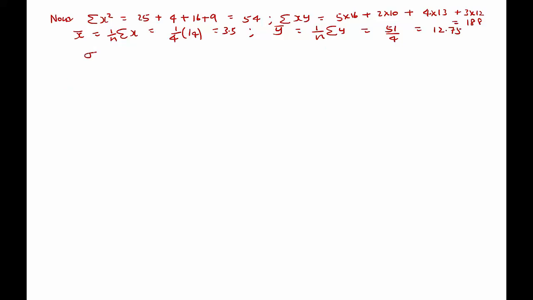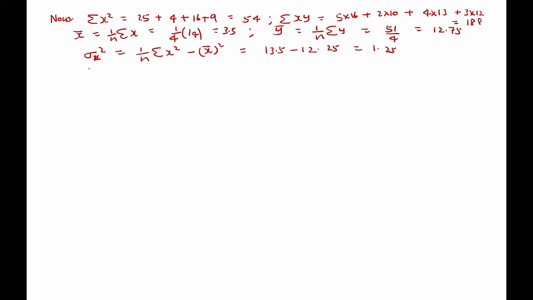Next, sigma square x is 1 by n summation x square minus x bar whole square. So this is equal to 13.5 minus 12.25, which simplifies to 1.25. Just x bar we got 3.5, 35 into 35 is 1225. Summation x square value we already got, 54 divided by 4, we will be getting 13.5.